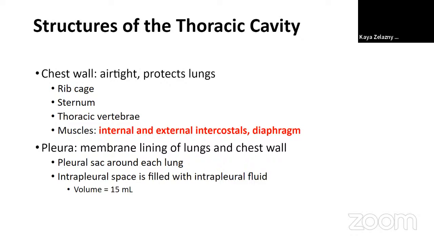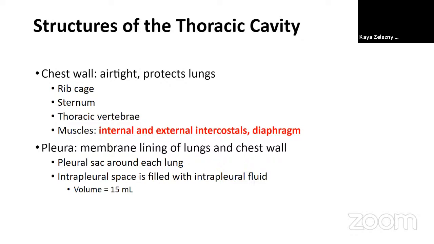Okay. So we have lung tissue with a membrane lying on top of the tissue, and then another layer of that same membrane lining the wall of the thorax. That's what we call the pleura, that white part that I'm drawing on the board here. So the pleura is a membrane that lines both the lungs and the chest wall, and we'll often refer to it as a pleural sac because of the way it develops, because it's this entire enclosed space.